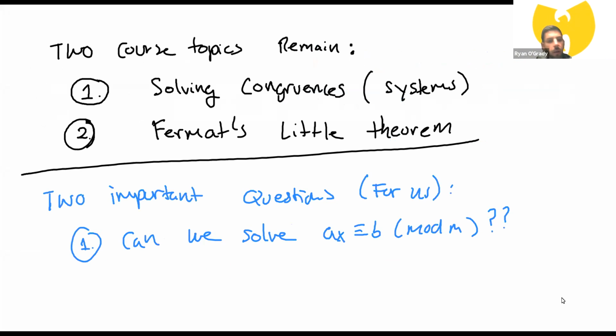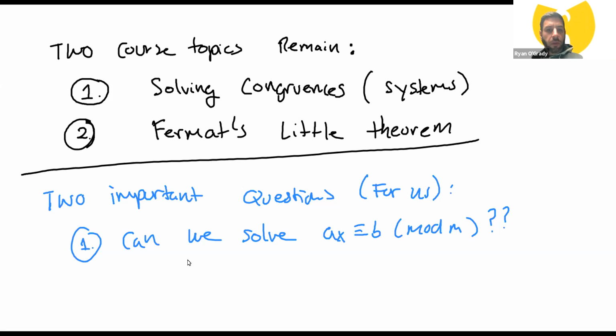And so what we want to talk about today is solving a system of congruences. And then also we want to talk about a little trick due to the famous mathematician, philosopher, Pierre Fermat, that helps us do these things. All right, so when we're talking about solving congruences, there's two important questions.